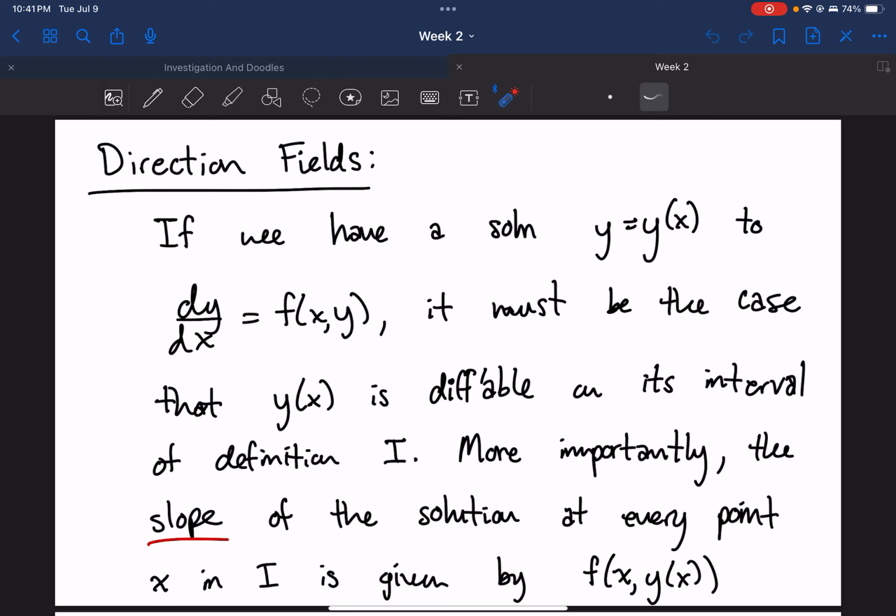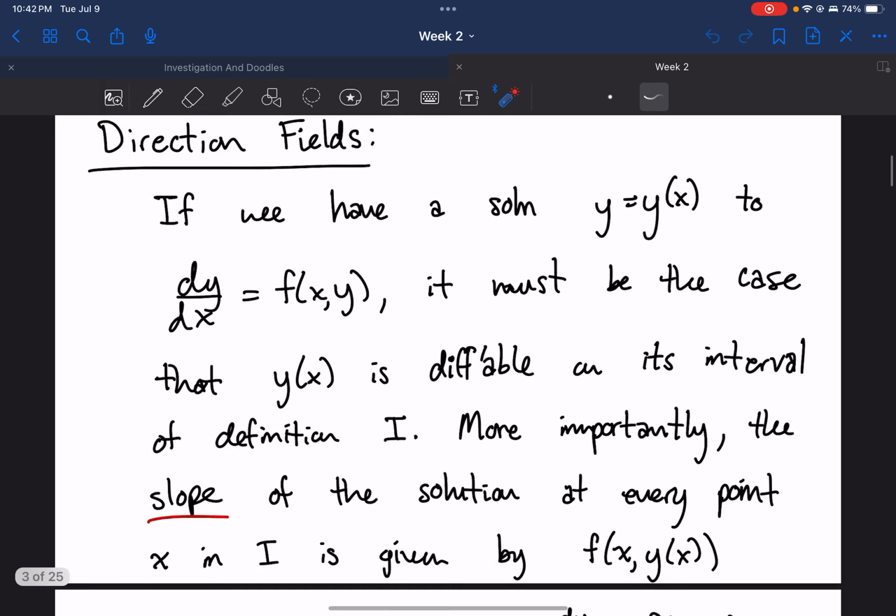By virtue of solving a differential equation, a function has to be differentiable. That's like step 1. In order to even be a candidate for a solution to a differential equation with a derivative in it, you have to be a differentiable function on this interval I, whatever this interval is. More importantly, since this is differentiable, we can find a slope of this function y of x.